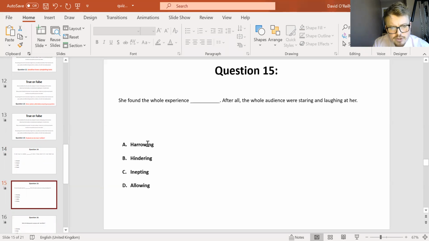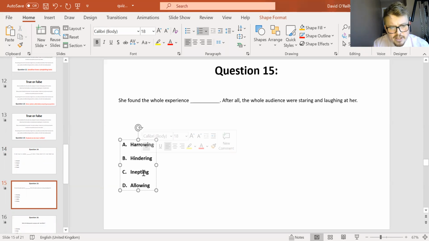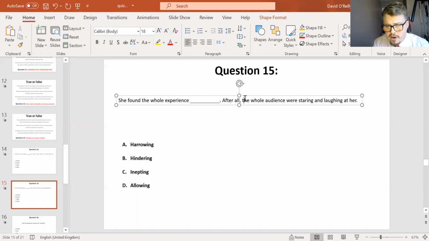So we've got to think about which one of these words is closest to feeling a bit worried, embarrassed, or scared, something along those lines. We know it's not allowing. That wouldn't make any sense. Inepting doesn't make any sense. Hindering, it might make sense. I mean, she found the whole experience hindering. I guess it kind of makes sense, but not in the context that this sentence is going for.